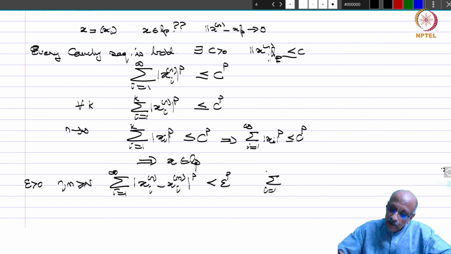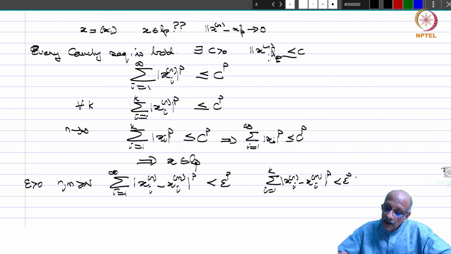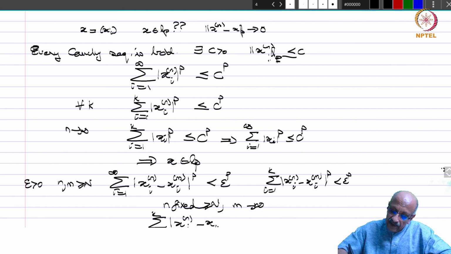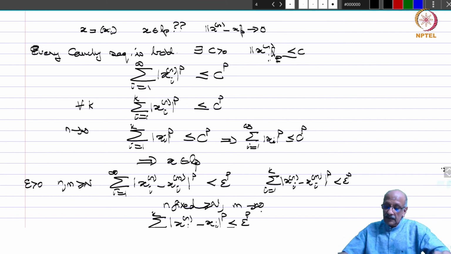The sum from i equals 1 to k of |x_n^i - x_m^i|^p is less than epsilon^p. Now you keep n fixed, greater than or equal to capital N, and let m tend to infinity. So you will get that the sum from i equals 1 to k of |x_n^i - x_i|^p is less than or equal to epsilon^p.